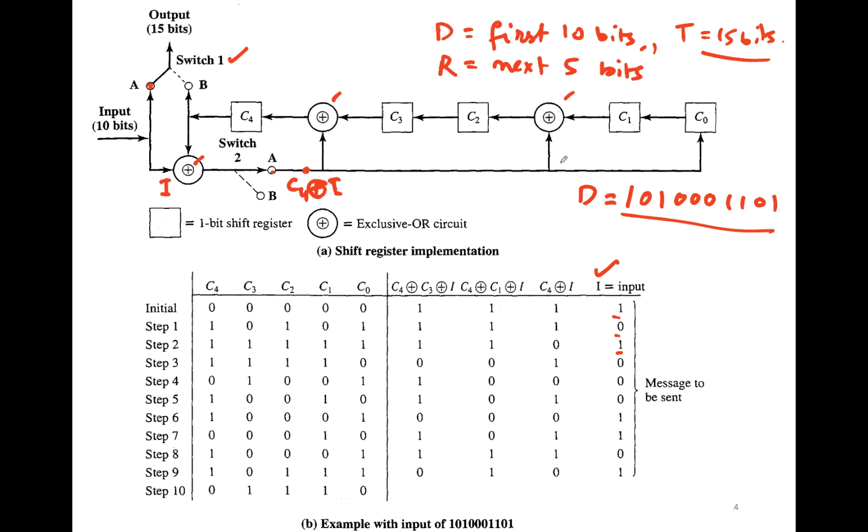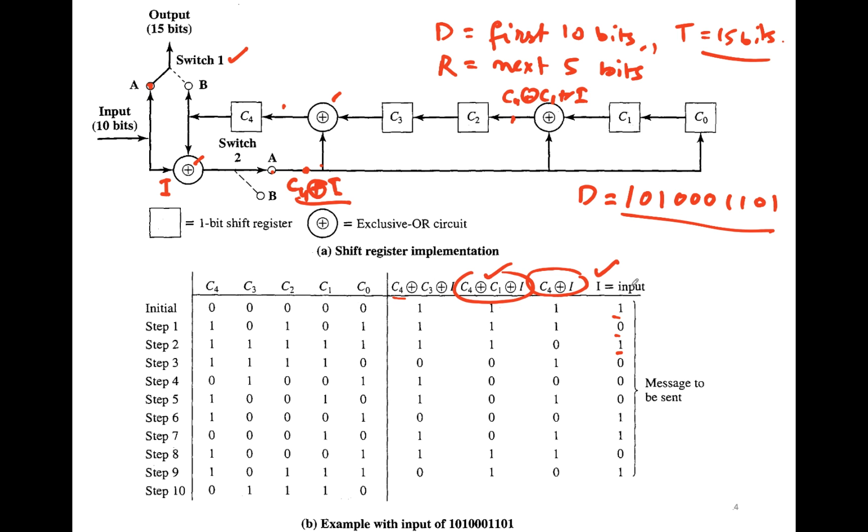At this point you will have C4 plus C1 plus I. So C4 plus I is here, C4 plus C1 plus I is here, and at this point you will have C3 plus C4 plus I. So this is the output here.